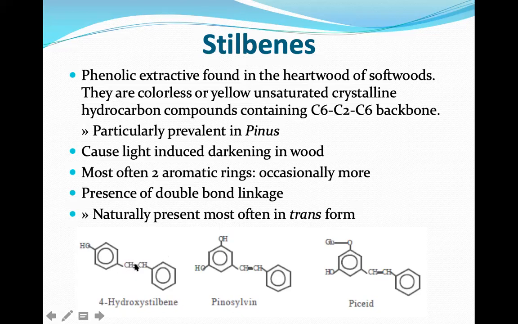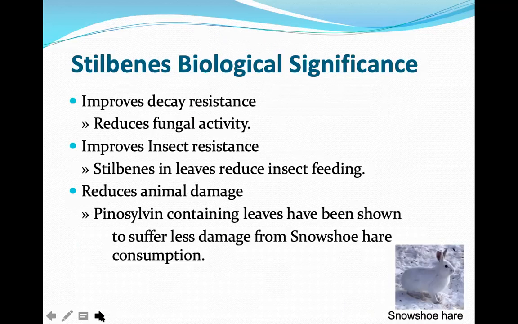Their properties are also different, although molecular weight is the same. So they remain as trans form mostly in stilbenes. So this is 4-hydroxystilbene, this is pinosylvin, and this is piceid. So these three are the examples of stilbenes.